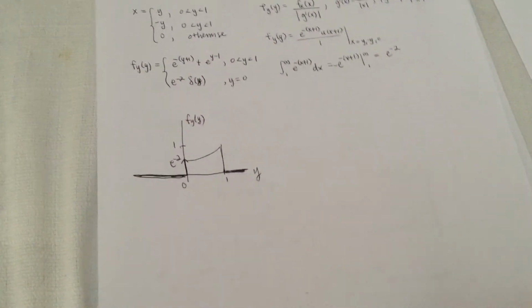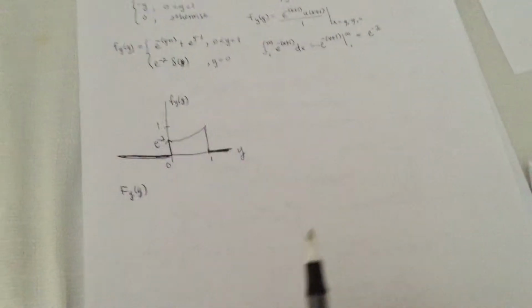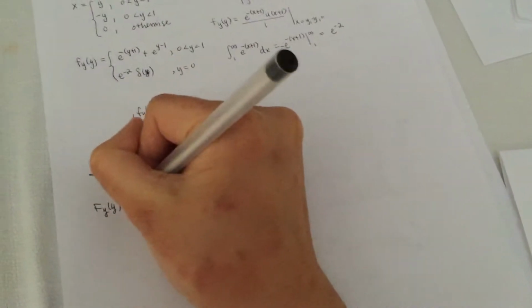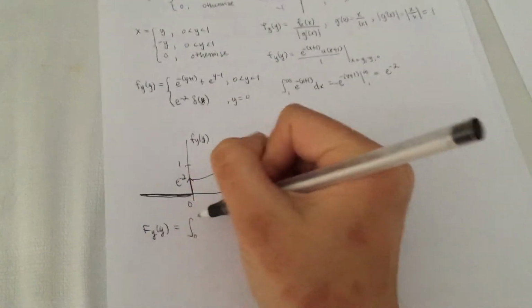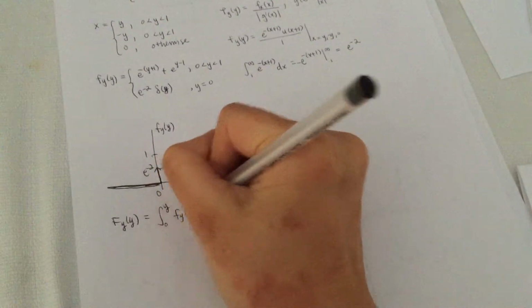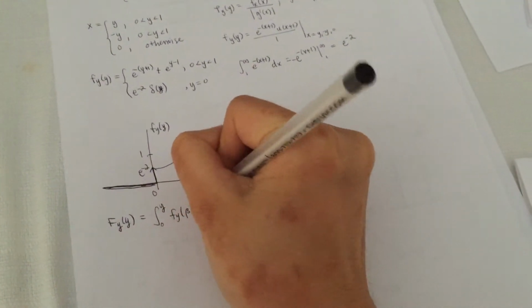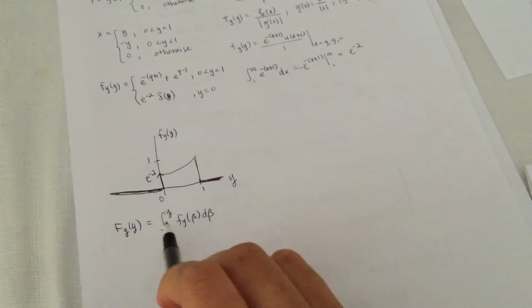And to find capital F of y, we just take the integral of small f of y. So we do this part first. 0 to y, f of y. We use a dummy variable beta here, so we don't confuse the two y's, since we want to replace the variables in here with y.